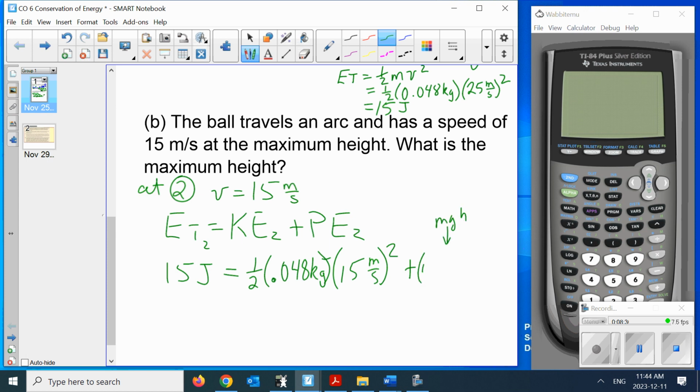So I'm going to use the mass, 0.08, 9.8 meters per second squared. I'm going to cram this in here, h. H is what I'm solving.